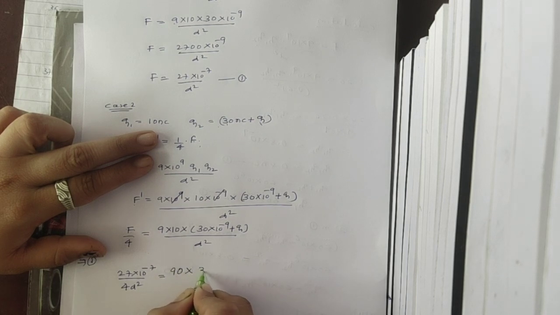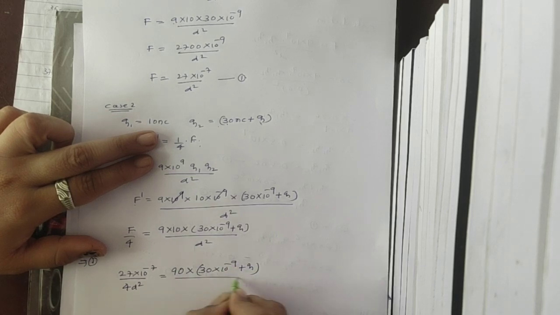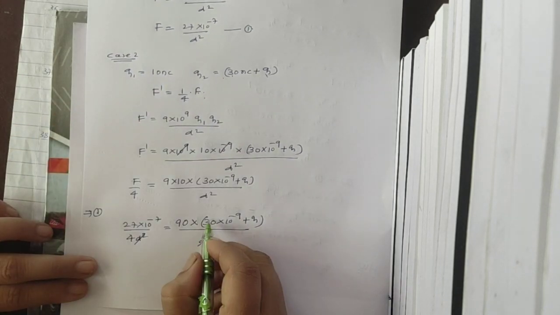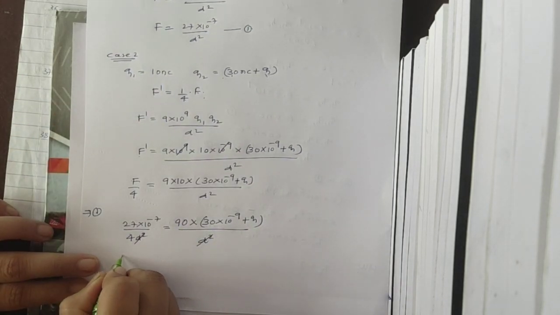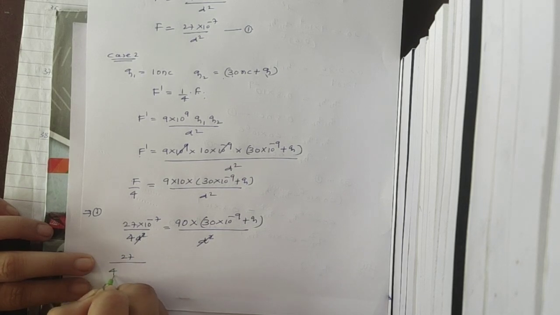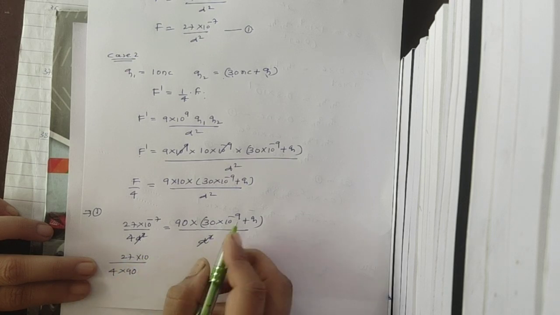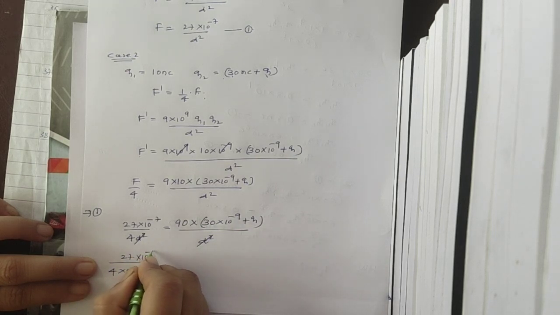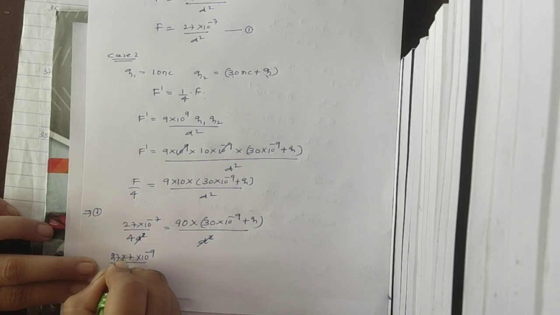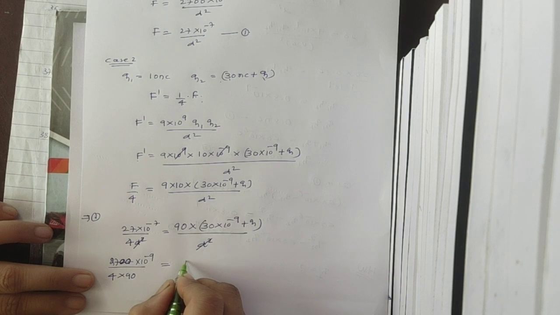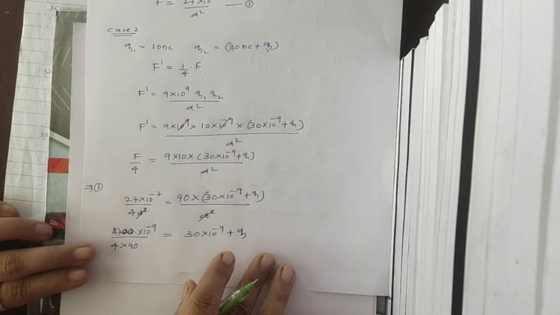D square cancels. Keep this term on this side, take 90 to the other side: 27 divided by 4 into 90 into 10 to the power minus 9 equal to 30 into 10 to the power minus 9 plus Q. Take 2 zeros here.